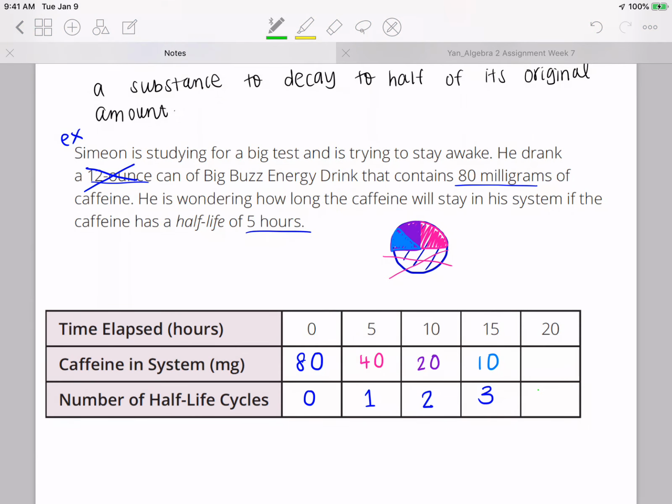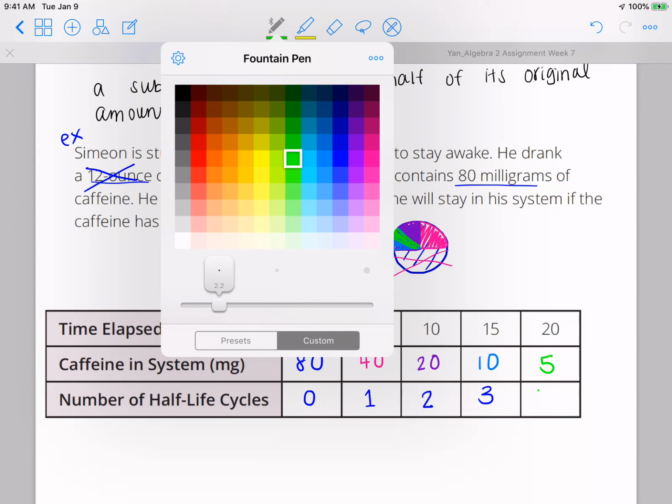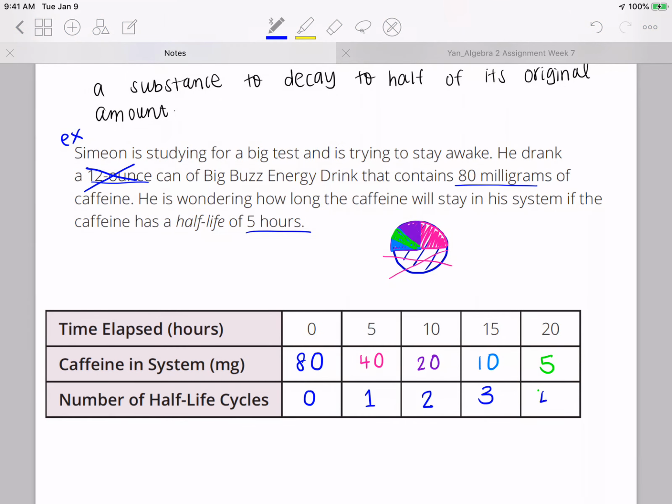Again, fourth cycle, we're only going to take half of this, so we are now left with 5. Okay, so that's how the cycle goes. And technically, this caffeine is never going to leave his body because we're always taking half and half and half of it.